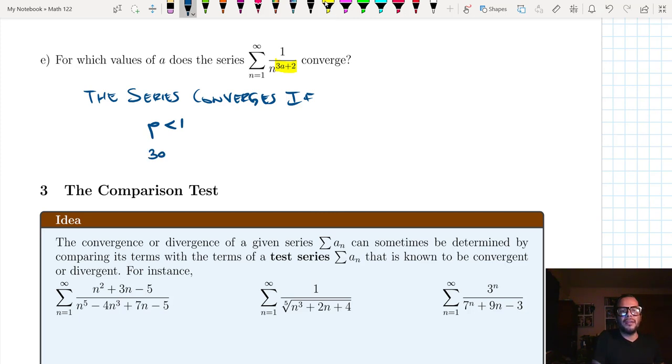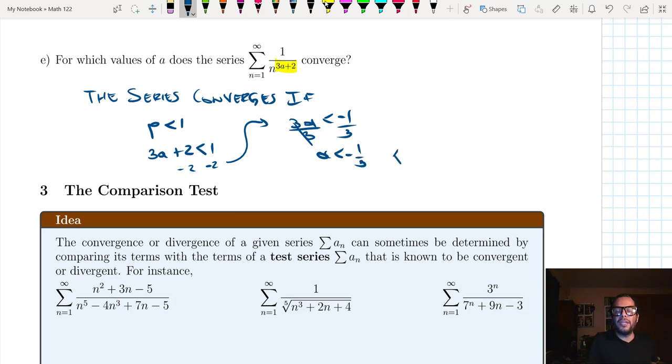So 3a plus 2 greater than 1. So I'm going to solve this inequality to find all the values of a for which the series will converge. Okay, so let me subtract 2 from both sides to get 3a greater than negative 1 and divide both sides by 3 to get a greater than negative 1/3.